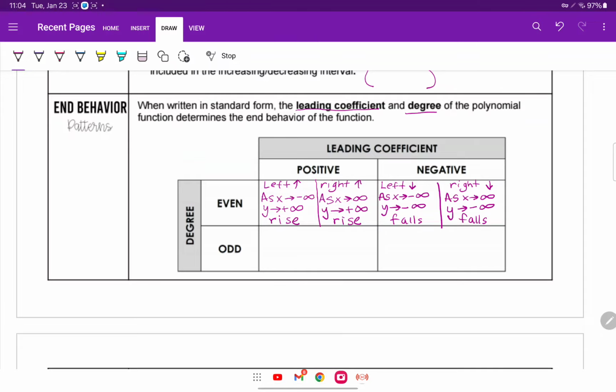Now, if my leading coefficient is positive and odd, the odd degrees don't go the same directions, they go different directions. And so we got to be careful on this one. On the left side, it would fall. On the right side, it would rise. So we would say as x approaches negative infinity, the y values go to negative infinity.